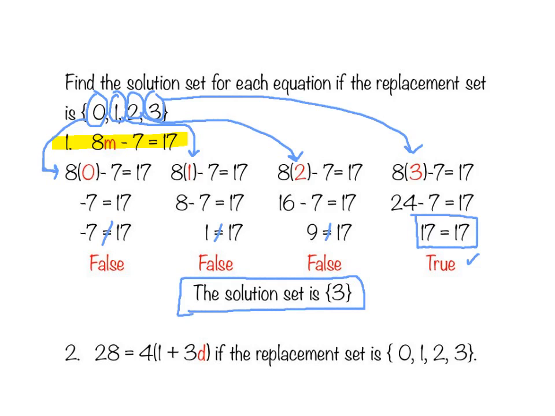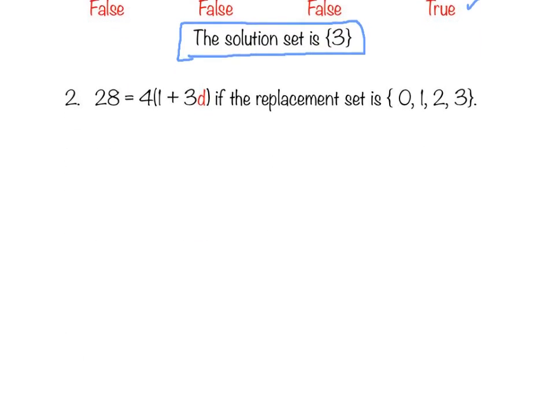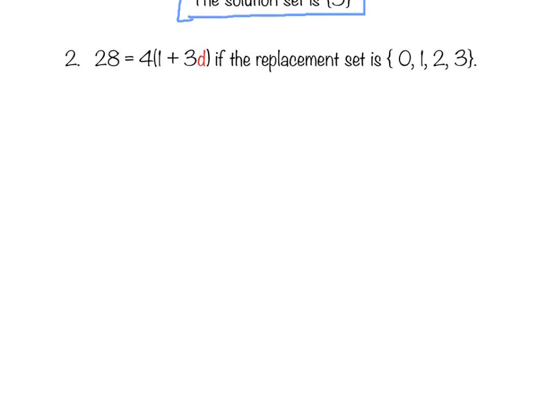Okay, let's try number 2. We'll do it the same way, but I'm going to work it out with you. 28 equals 4 times 1 plus 3d, and the replacement set is 0, 1, 2, and 3. Let's start with 0. We're going to substitute 0 for d.